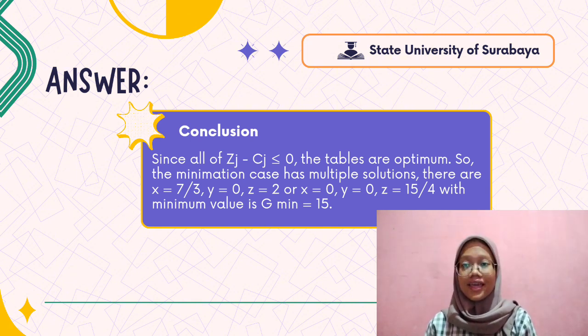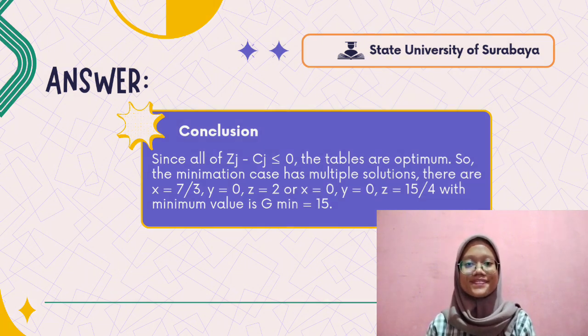There are x equals 7 divided by 3, y equals 0, and z equals 2. Or x equals 0, y equals 0, and z equals 15 divided by 4, with minimum value G minimum equals 15.